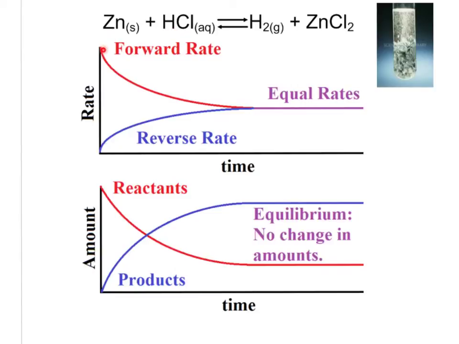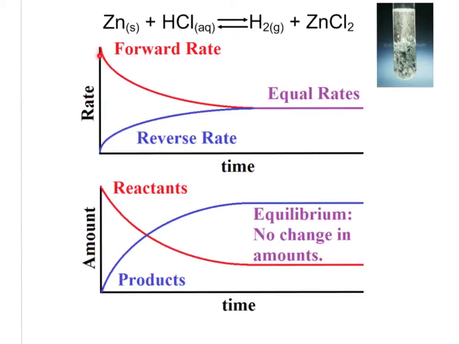We have high concentrations of both of these, and we don't have anything for the reverse rate because initially, we don't have any product that is formed, so that reverse rate doesn't even exist yet. But it soon does, because as the forward reaction happens, it's producing some product. And the reverse rate increases because product is being formed, and then it can, in turn, produce more of the reactants, excuse me, and go in the reverse direction.